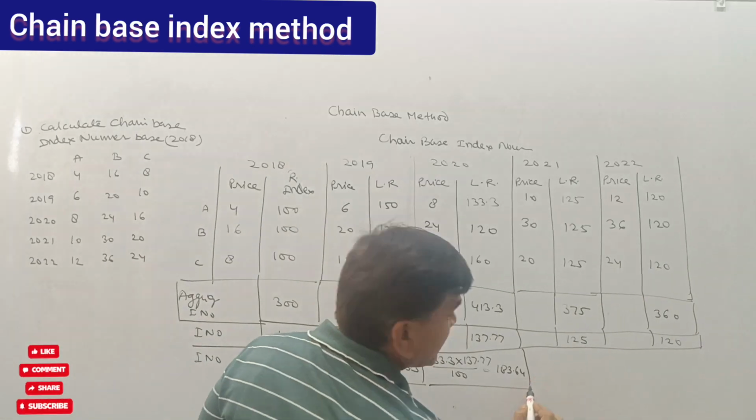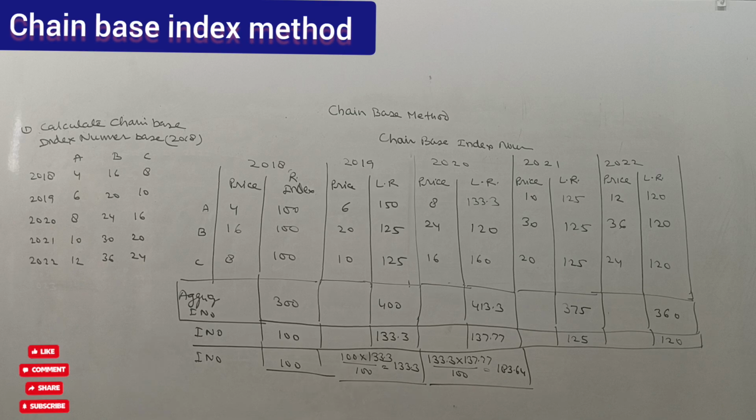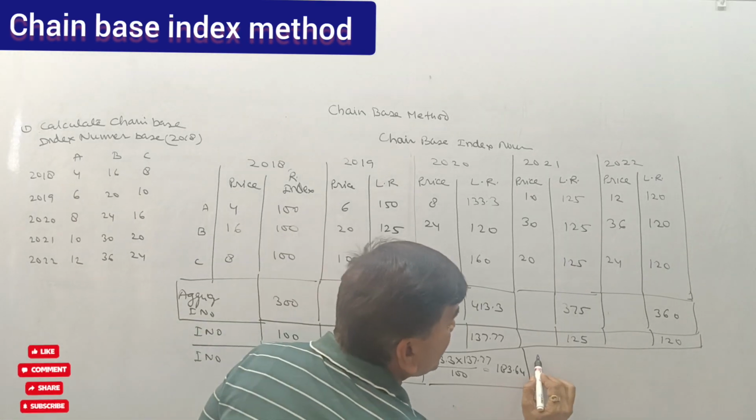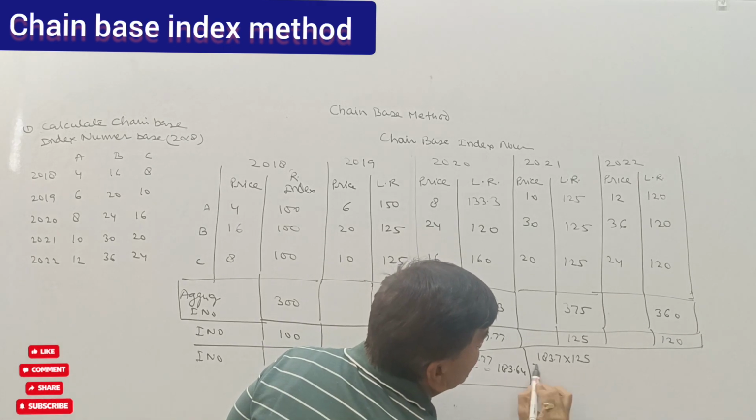Next, previous year 183.7 multiply 125 divided by 100.